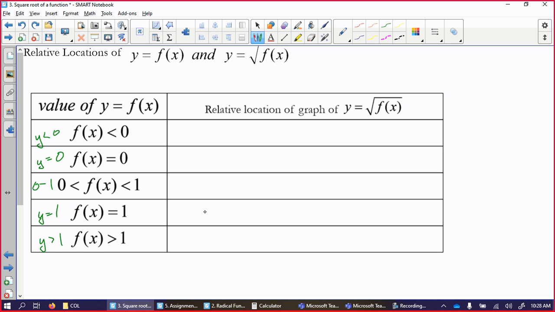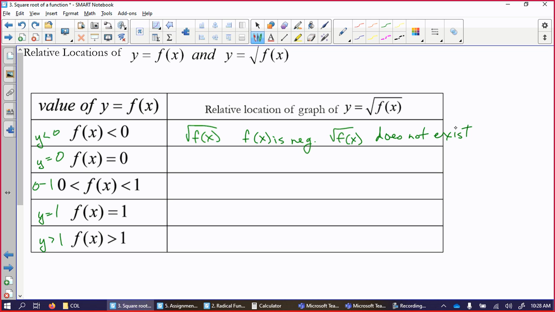It's a relative thing. If I have f of x and it's less than 0, and I take the square root of f of x, well, if it's negative, can we take the square root of it? Not yet. In 12b, you talk about those.